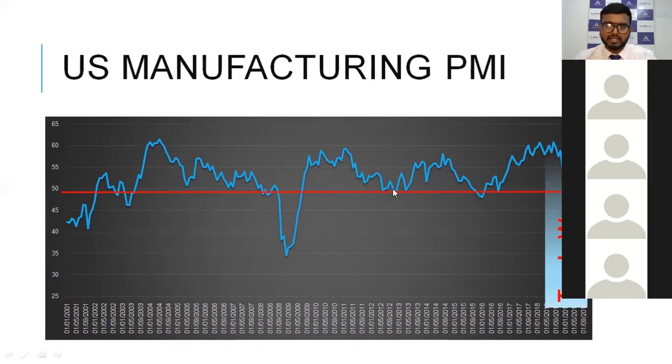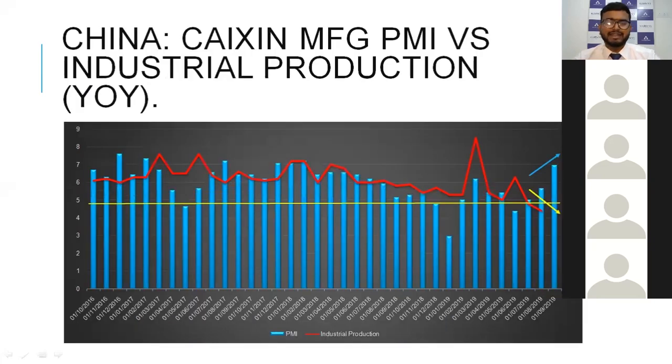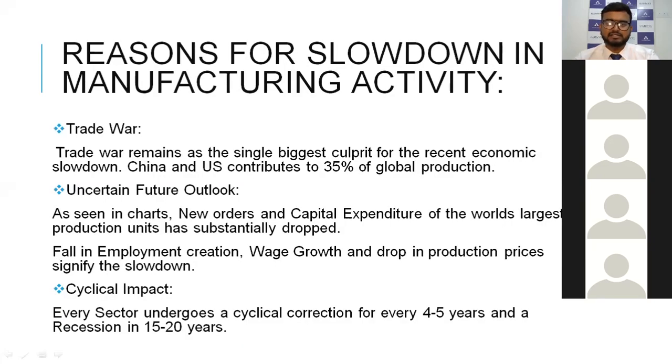In 2012 also it touched and moved higher, but this time the fall was very steep, like we have discussed earlier, and this fall is also sustaining below 50 for a longer duration. So you cannot directly rule out that this is just a cyclical impact.